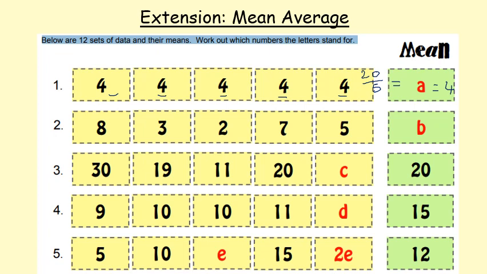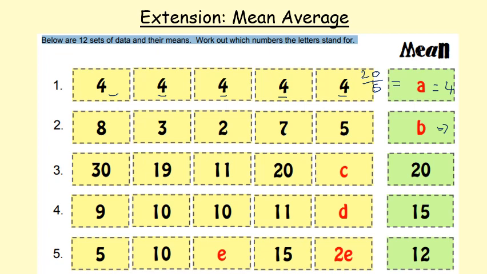Okay, so we're working with the data, we're calculating the mean from the boxes in yellow, and in these first 2 questions it's just going to equal the letter. So B is whatever the mean is in this row here. For questions 3 and 4, we're using what we did in the previous exercise, so working out what the missing letter is. For question 5, we've actually got some algebra, so you're going to need to think a little bit more about this.